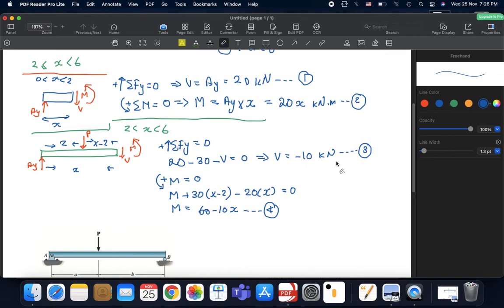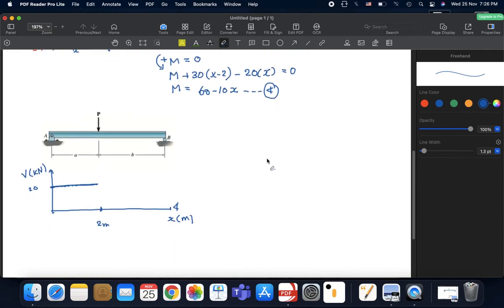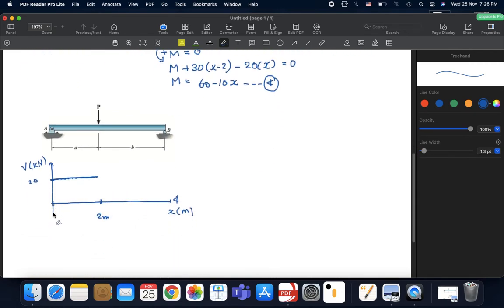Equation number 3 says for values between 2 and 6, V would have a value of minus 10. So if you assume this is minus 10, it would go down to this point. This value of minus 10 is constant all the way up to 4 meters. So this is your shear diagram.